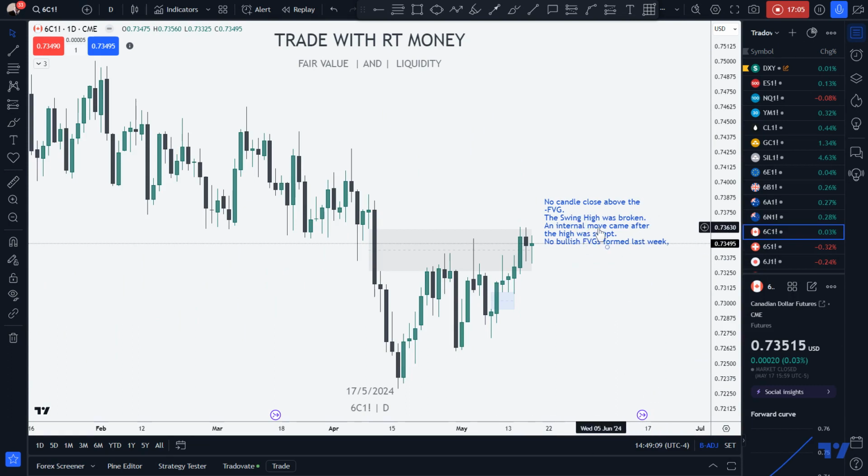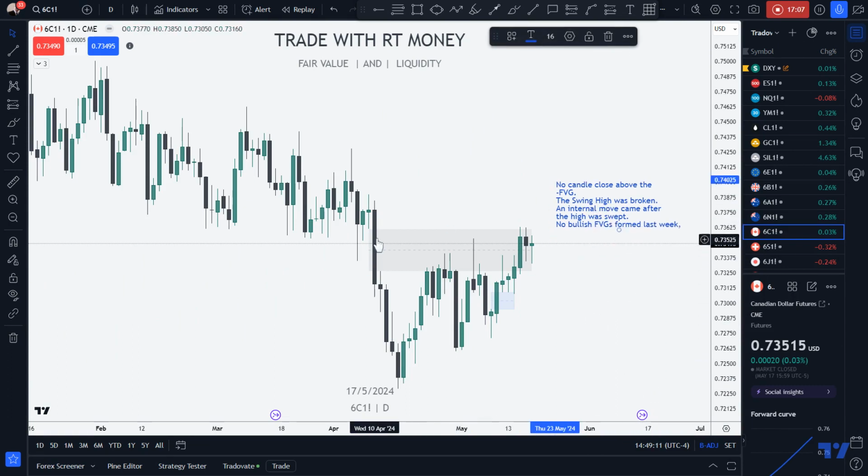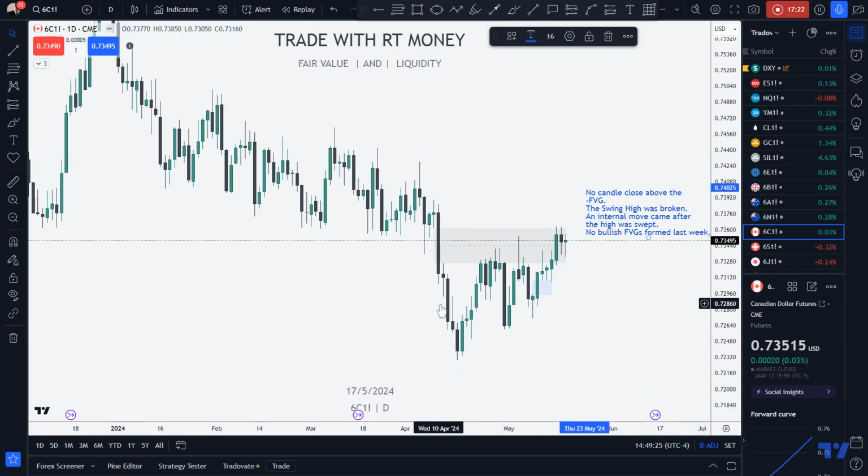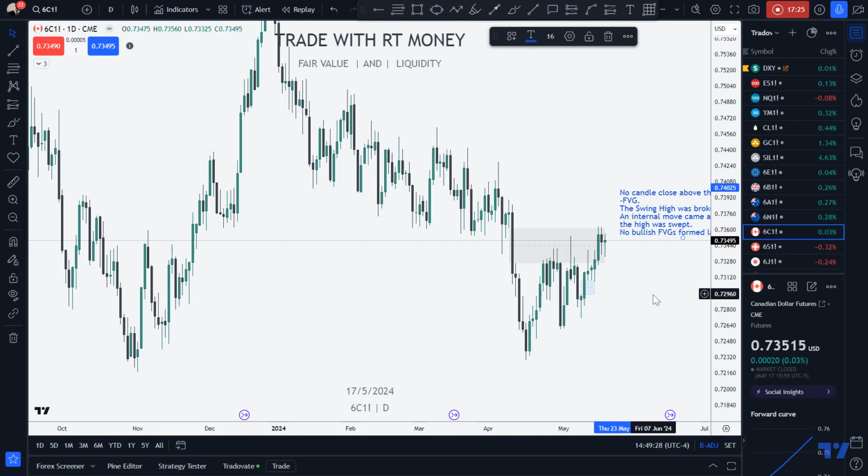On this one, we are in a bearish fair value gap. The problem with this fair value gap is it's been tested, and price is trying to trade through it at the moment. So I'm waiting right now.